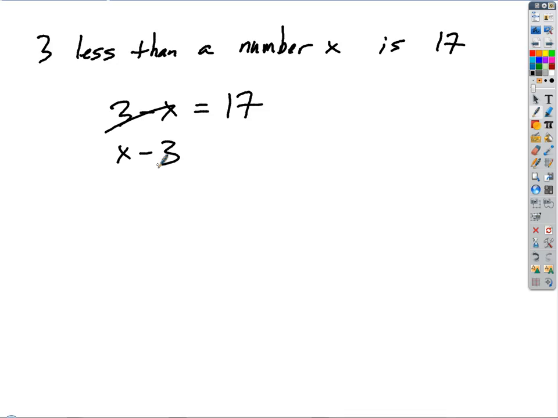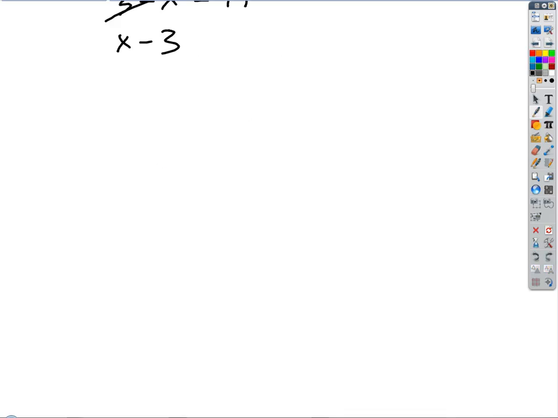Yes, sir? I have a problem with one of the ones. No, it's 5 less than the quotient of the number x and 3. Okay, good. Now let me say it again. 5 less than the quotient of x and 3 is what now? 13. It's 13. Okay, let me write it down. That's a lot of writing.